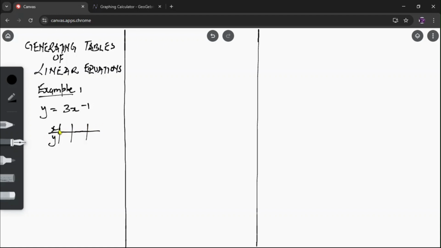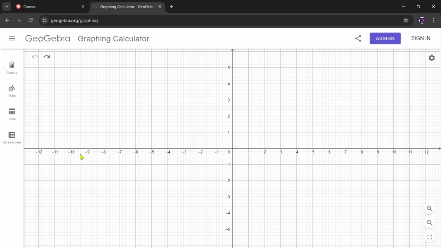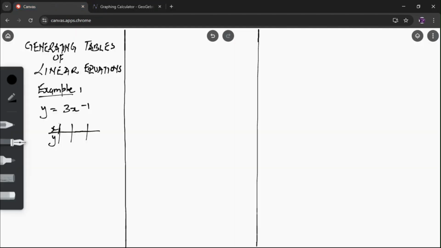I want to pick any value on x, the x-axis. From my graph, I can pick any value all the way from negative 12 to 12. I pick any value, then I'll see what will happen when I substitute that value here.